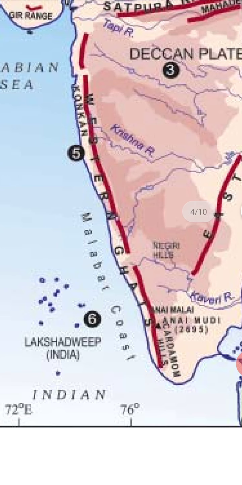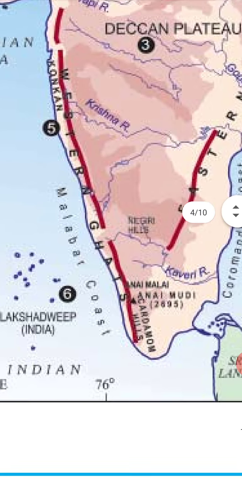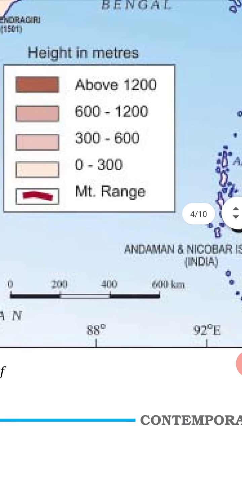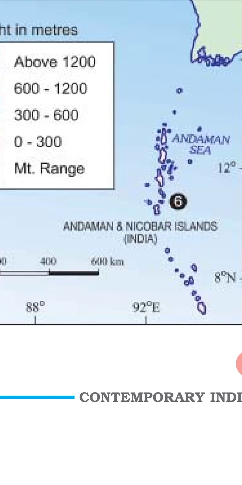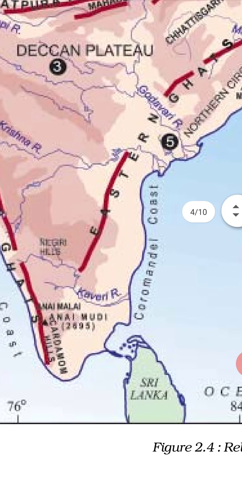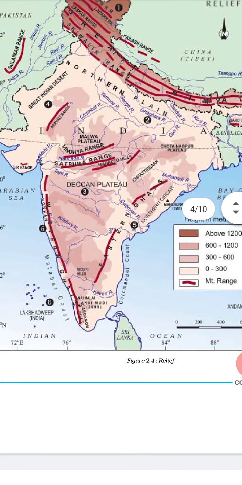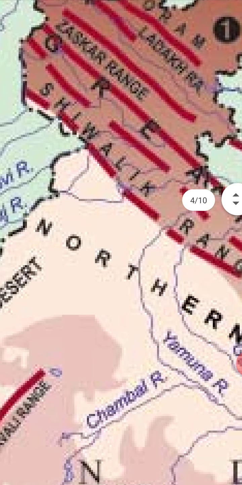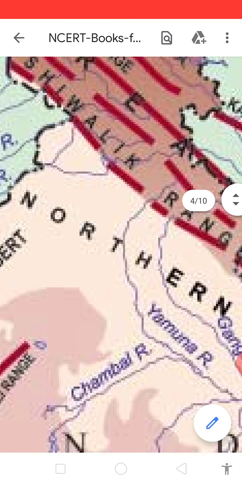Here are the coastal plains, western coastal plains and eastern coastal plains. Then come the island groups, Andaman and Nicobar Islands, and here the Lakshadweep Islands. So these are the 6 major physiographic divisions of India. Here are the Himalayas, known as Upper Greater Himalayas, then Middle Himalayas or Himachal, this middle part, and then this is the Shivalik range.